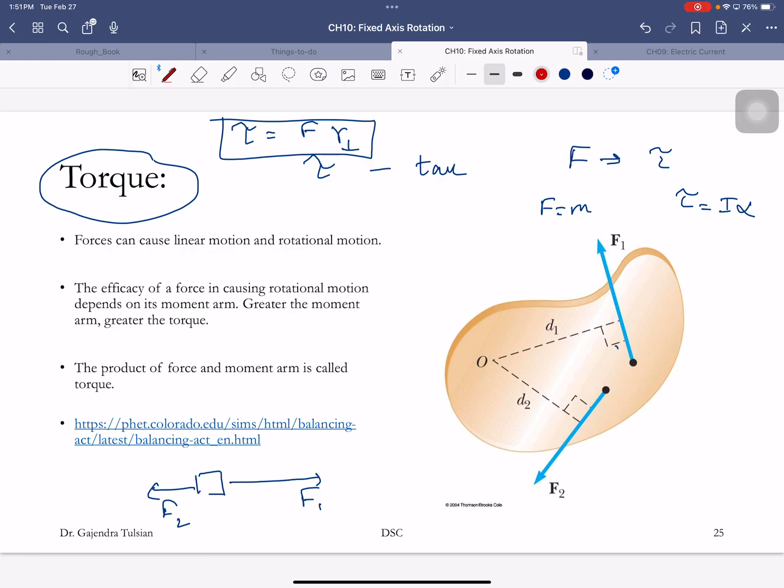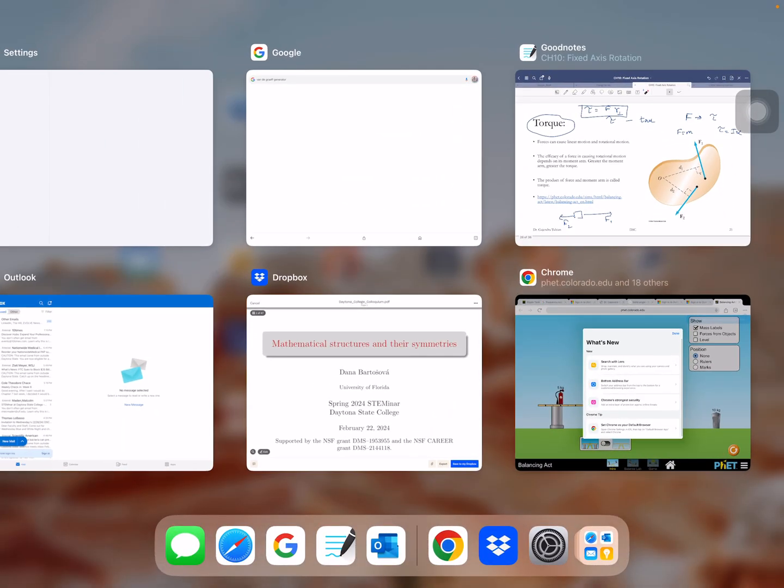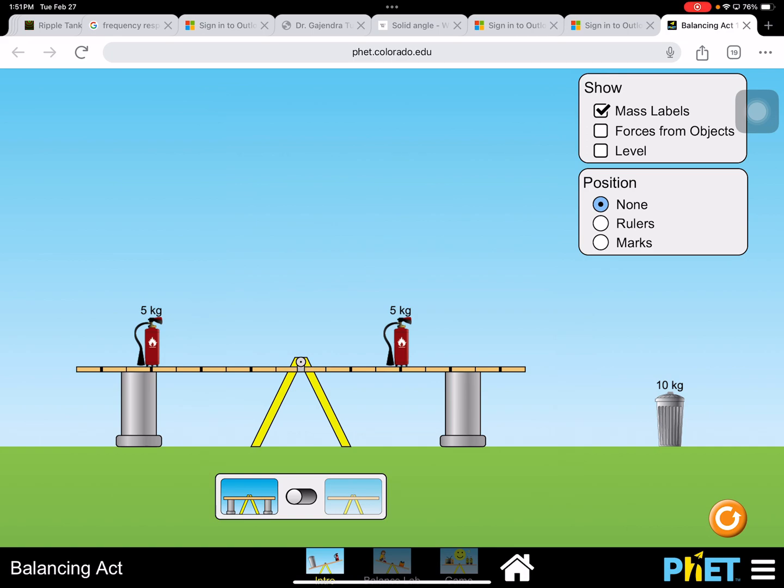The product of force and moment arm is called the torque. This is the force and this is the moment arm, and that's the torque. So in this simulation, here's the weight acting and there's the moment arm.